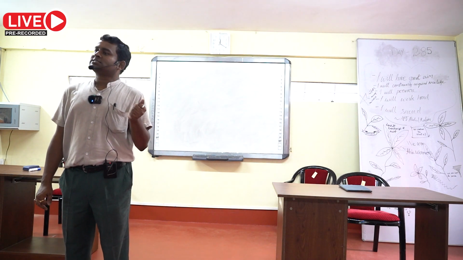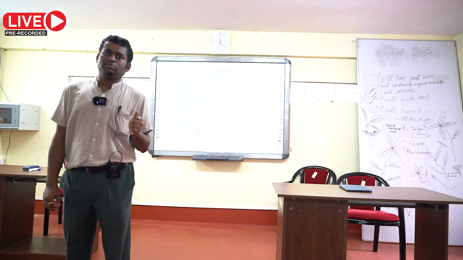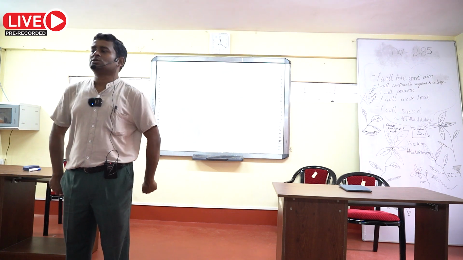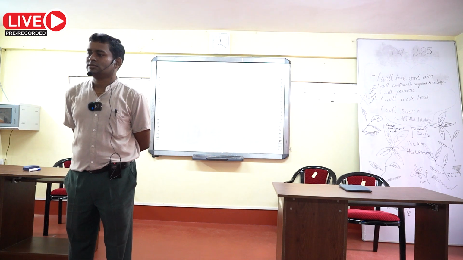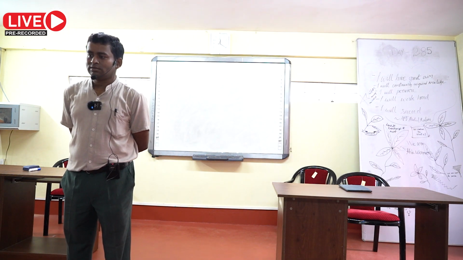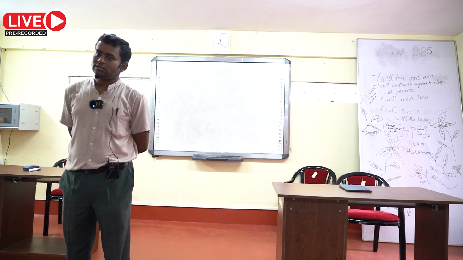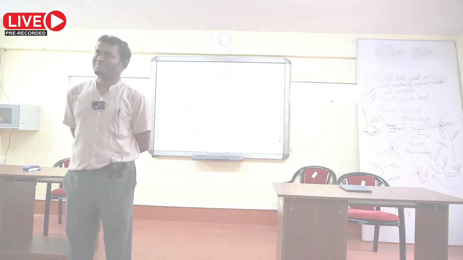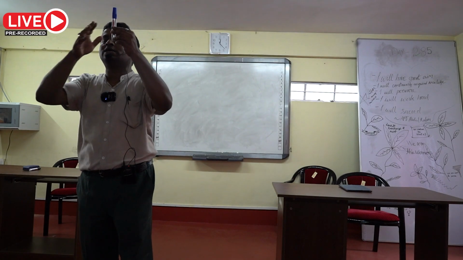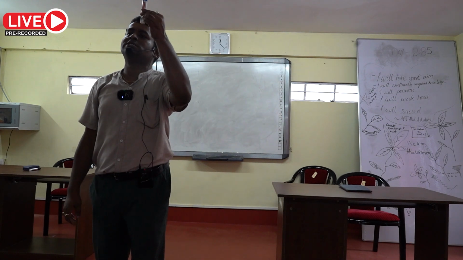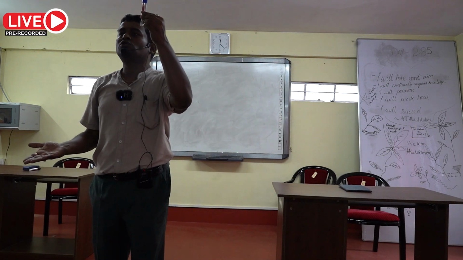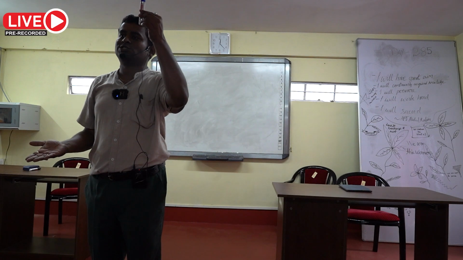So if mass is a fundamental property of the body, then is inertia also a fundamental property of the body? Since there is no other object in the universe, you cannot say it is at rest or it is in motion. So how can you talk about its inertia of rest or inertia of motion?